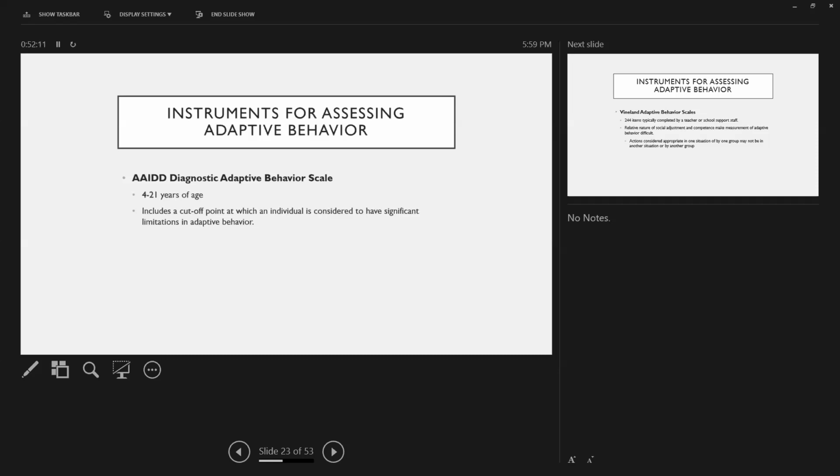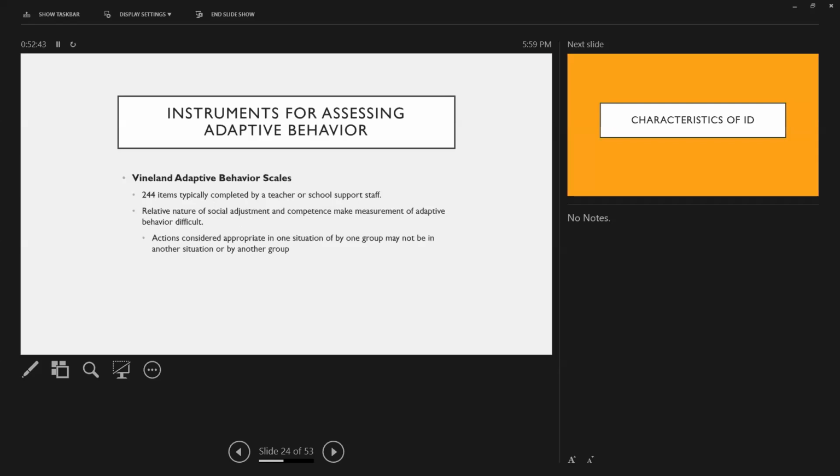At the same time, we don't want the cutoff point placed at such a low point on the scale that the person who comes to school with some oatmeal on their shirt is considered to have a limitation in adaptive behavior because they can't keep themselves clean or can't do laundry. It's just one of the points that Haslam made in that article that we read on the first day of class.